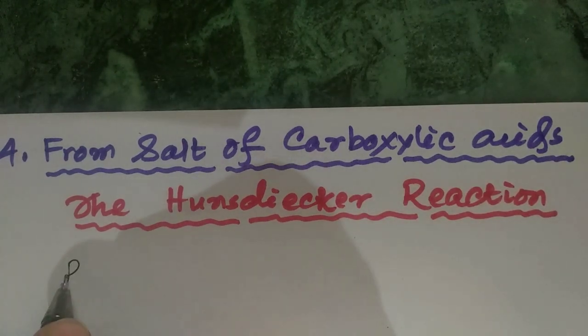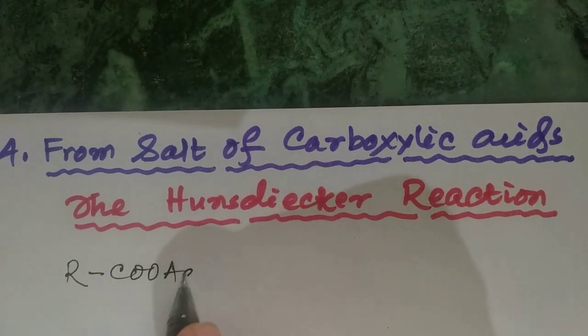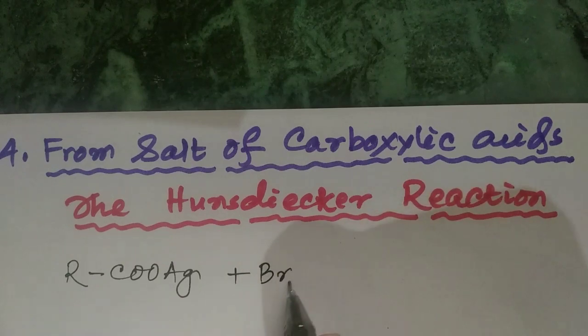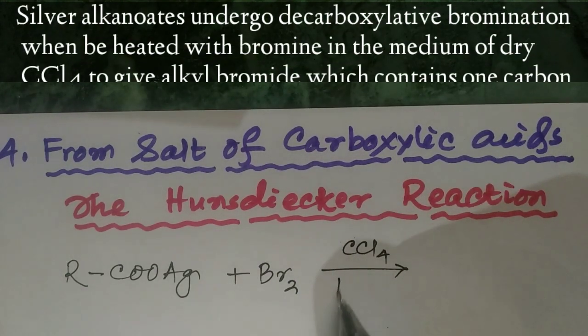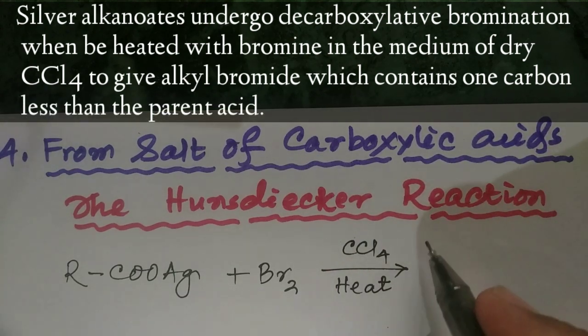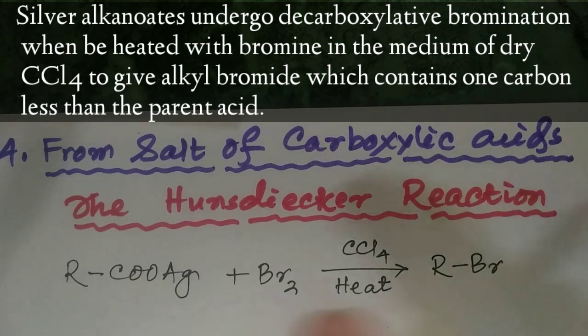In this reaction, silver salt of carboxylic acid, RCOOAg, when treated with bromine in the medium of carbon tetrachloride, and this reaction mixture is refluxed, that is heated, alkyl bromide is formed as the product, which contains one carbon less as compared to the parent acid.